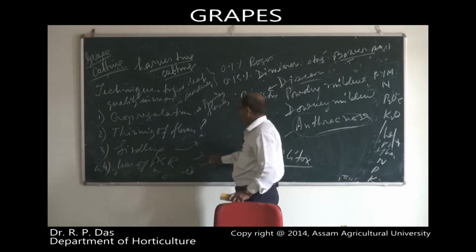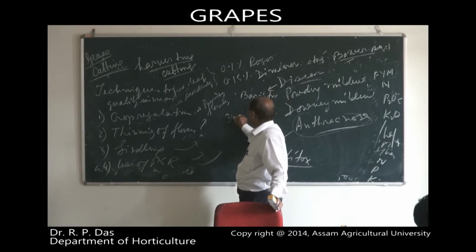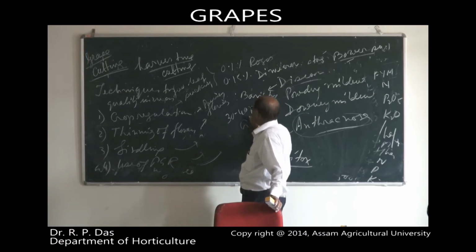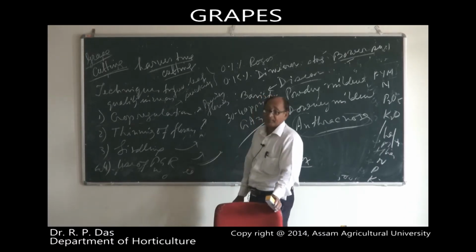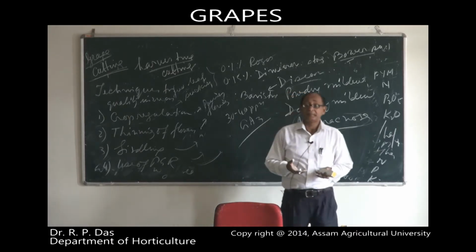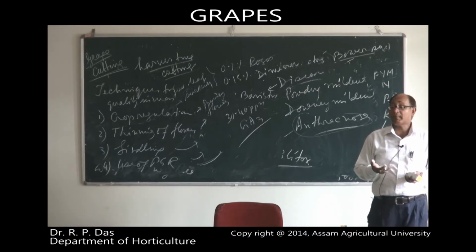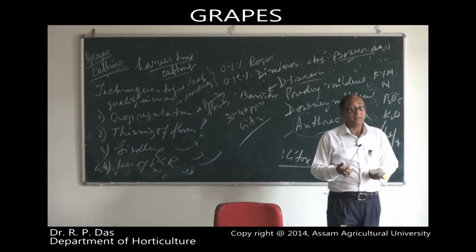Then use of PGR, that is 30 to 40 ppm gibberellic acid, GA3, at the fruit development stage, generally after 1 month of fruit set.